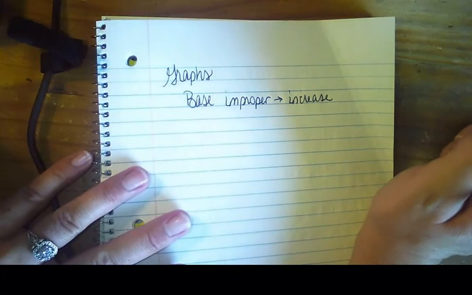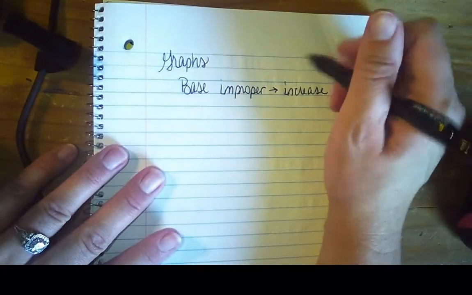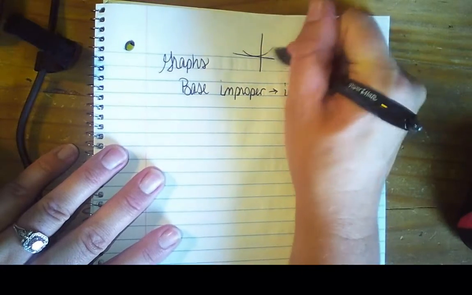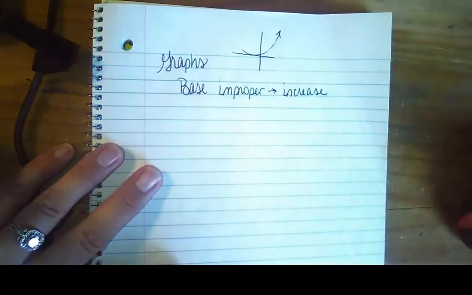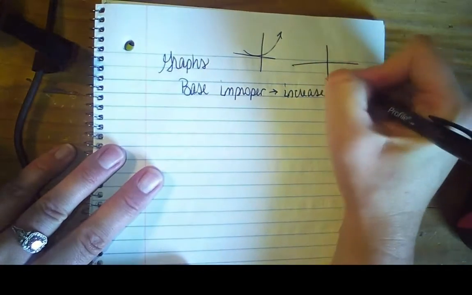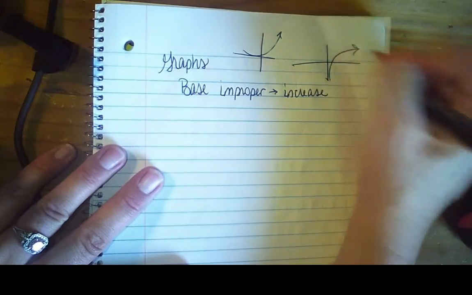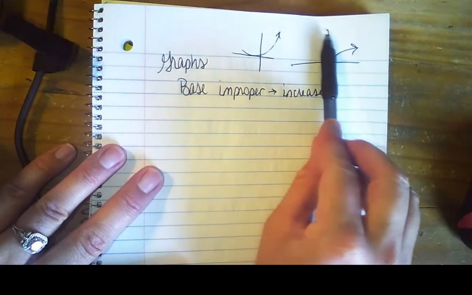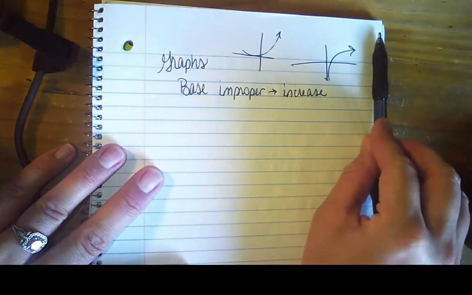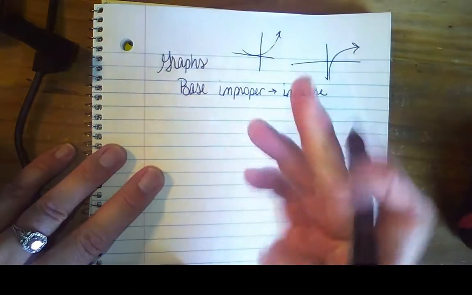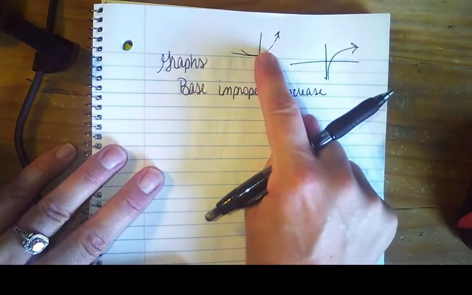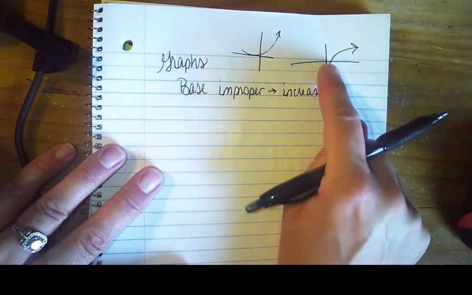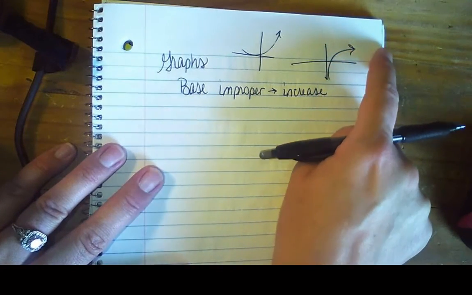If it was exponential, it would look like this. If it's a logarithm, it's going to look like this, and it's going to go like that. So it's still increasing. As you read it from left to right, the graph still goes up. However, it's just a different type of increasing. This one increases really fast, and this one just increases very slowly over time.